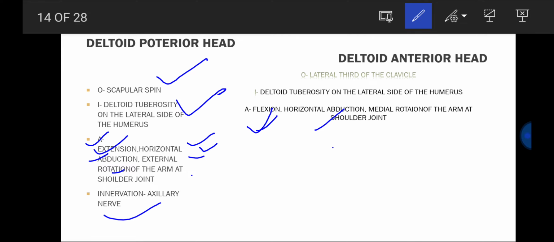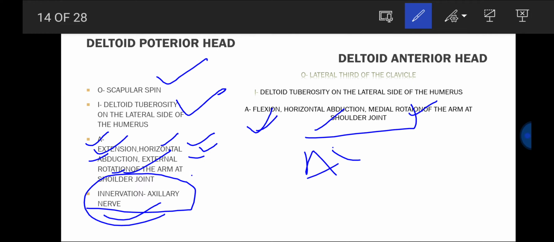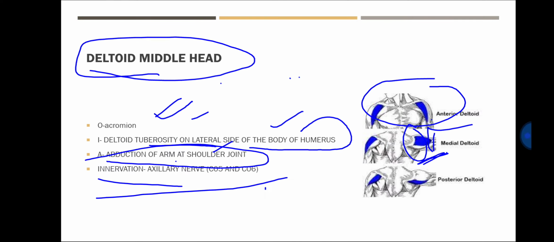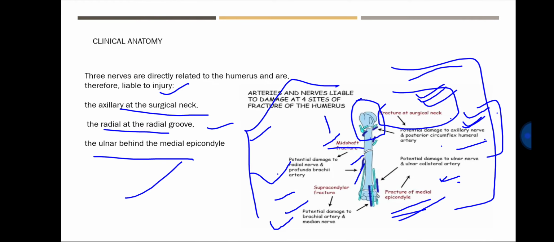Flexion, horizontal adduction, medial rotation at the shoulder joint, and innervation is the axillary nerve.